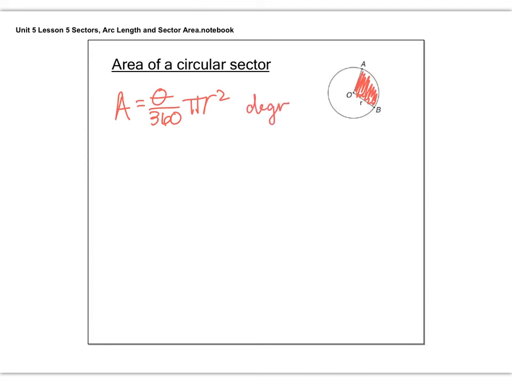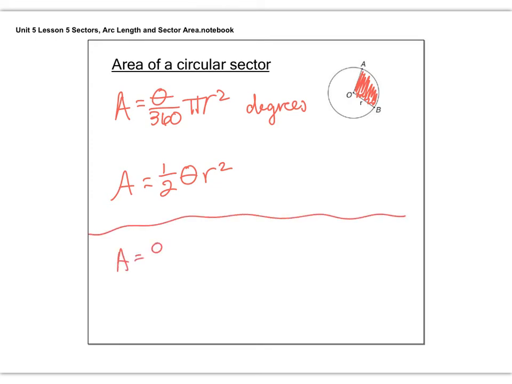So this is if you're working in degrees, or if you want to find your area based on radians, your formula is actually 1/2 theta r squared. How does that work? I'll show you real quick. If you start out with your degree formula, which is theta over 360 times pi r squared, and we convert to radians, we would have to multiply by 180 over pi.